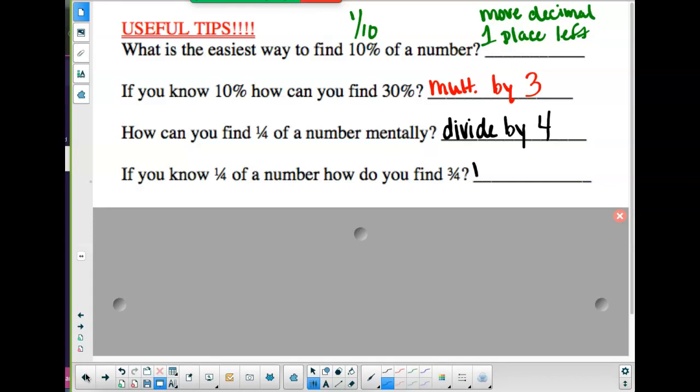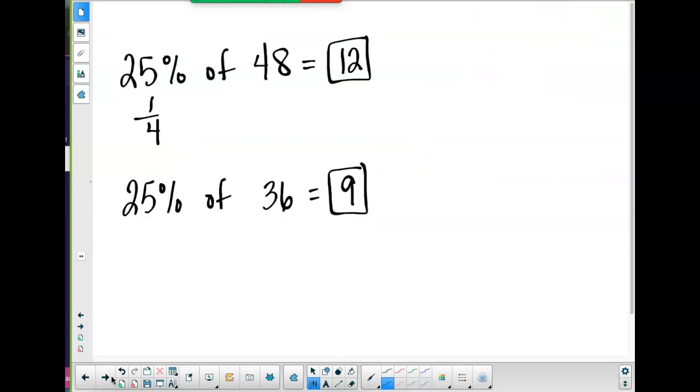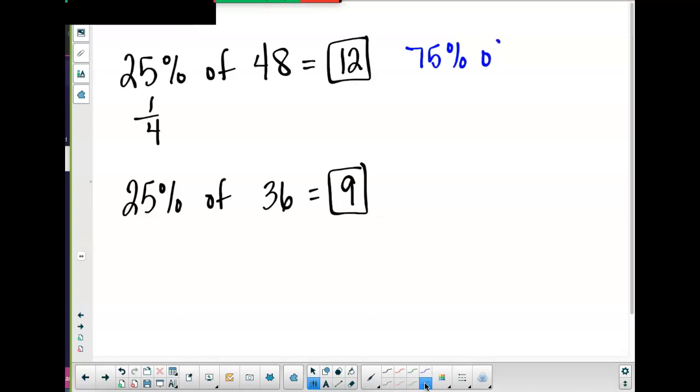So we would just multiply by 3. Okay? So if I know 25% of 48, that means I should be able to easily get to 75%.